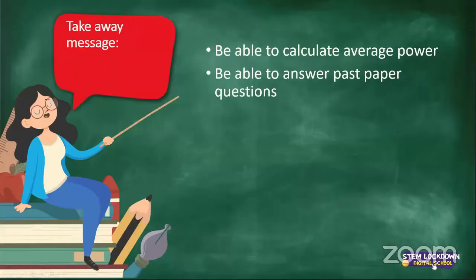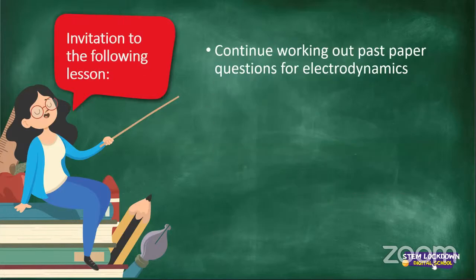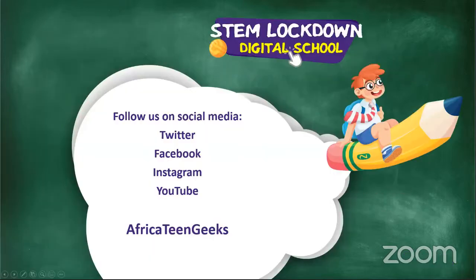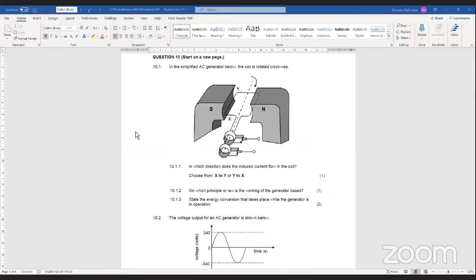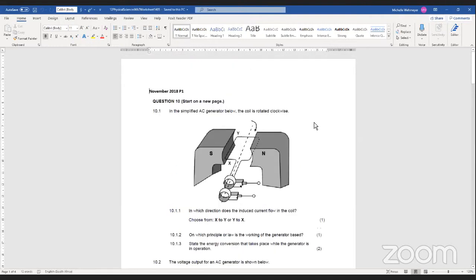Okay, so that was the theory bit. Let me just go to the past paper and we can start looking at past papers. Okay, so this is the 2018 paper 1, question 10.